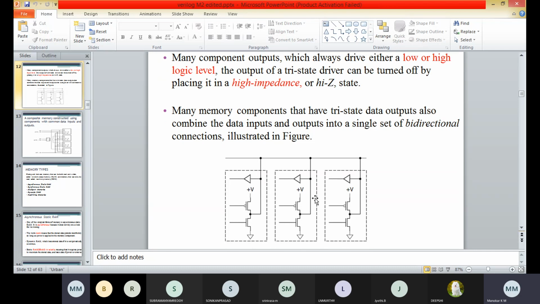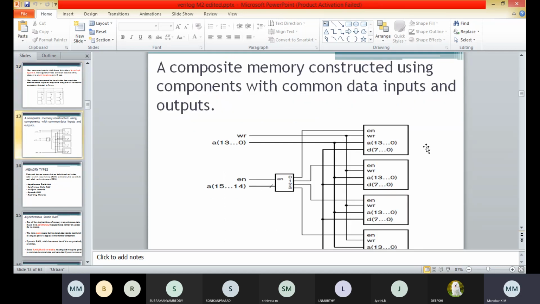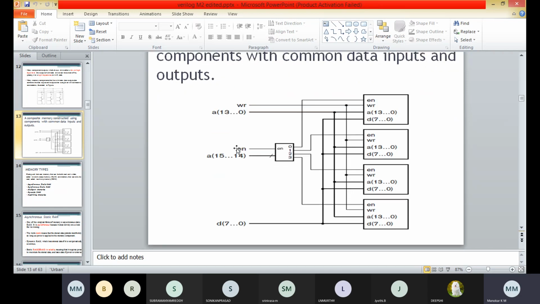This allows a composite memory to be constructed using components with common data inputs and outputs. You can go through this figure.